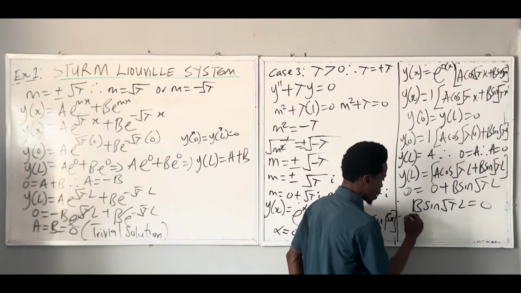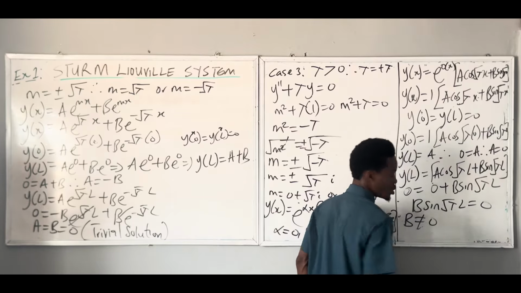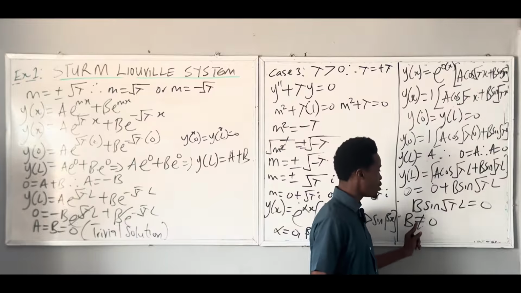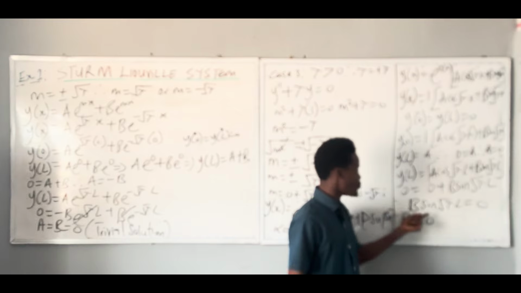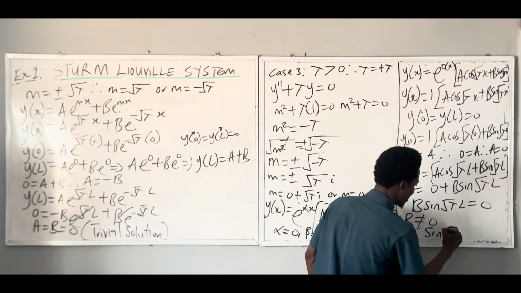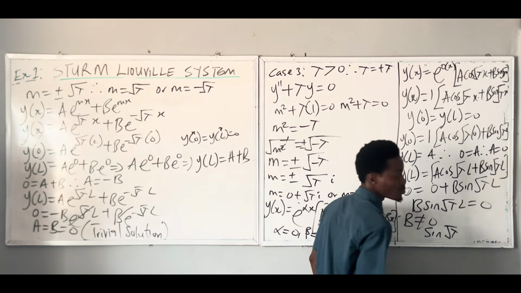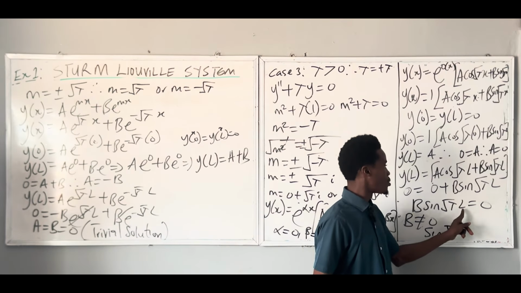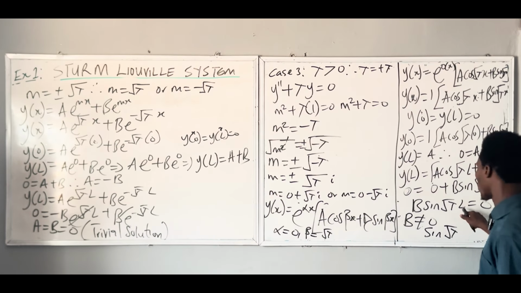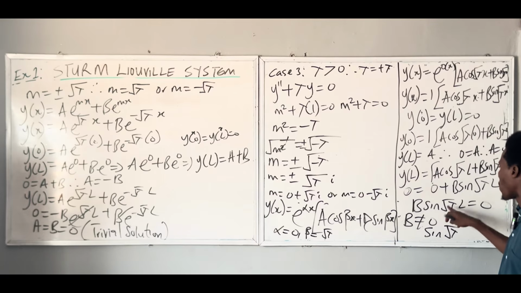I don't want b to be 0, so I'm going to take the coefficient of b, that is sine square root of lambda l only, which gives me sine n pi.